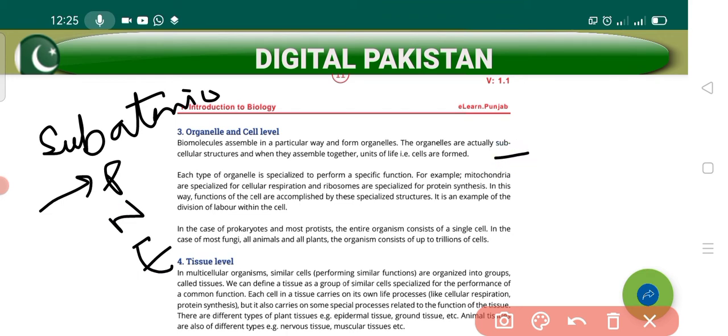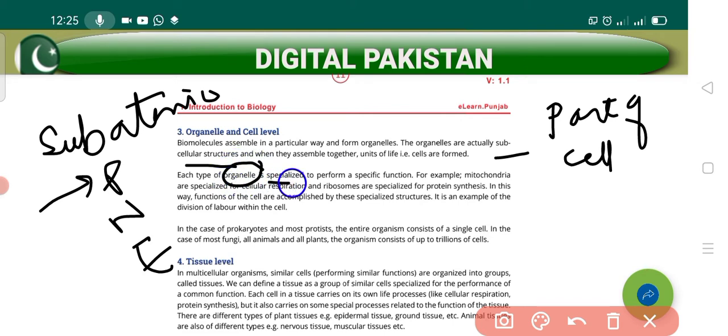Similarly, the subcellular structures are the parts of a cell. When these organelles assemble and perform their specialized functions, they form a cell. It means that the different organelles combine with each other and make a cell. Now the question is, what is a cell?